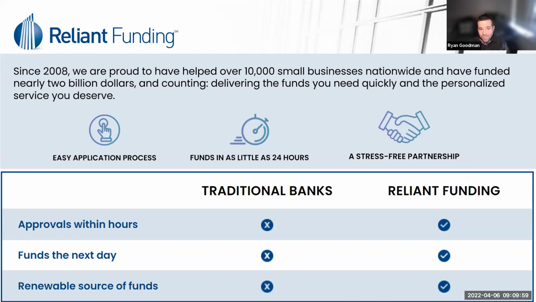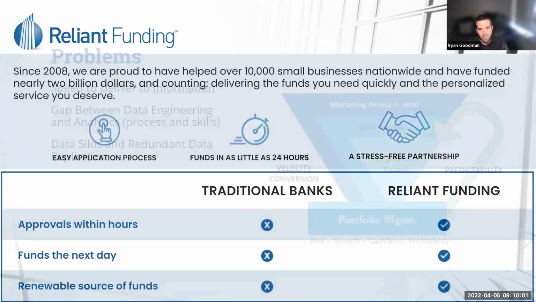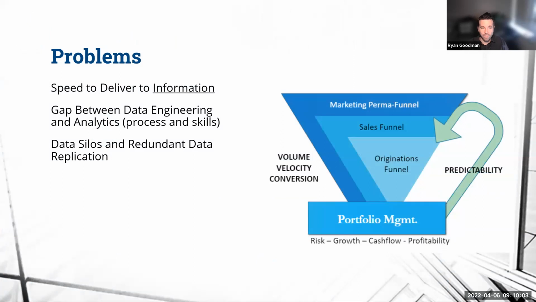Because speed is a huge part of what we do as a company, that desire for speed cascades internally to our team from a data and analytics perspective. Speed to delivery is everything for us as a team, speed to deliver information across the entire organization.